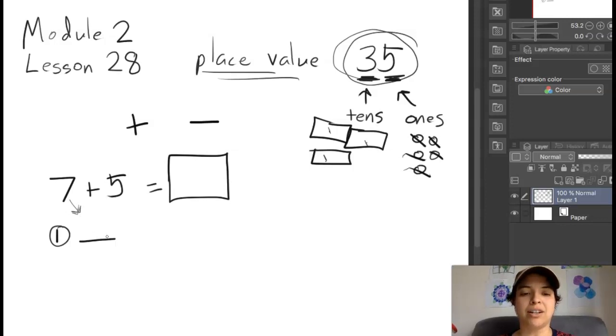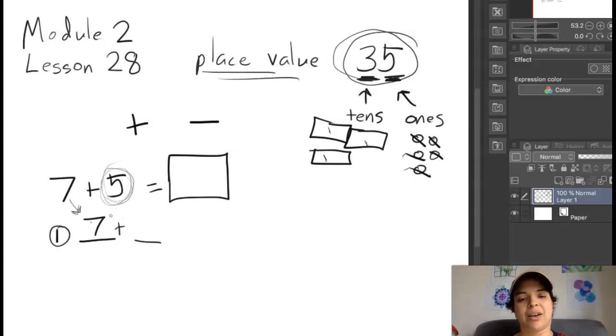So step 1 is to make a 10. So it's going to be 7 plus something. And we need to steal from this 5. Now we need to know what partner number goes with a 7 to make 10. One quick way to figure that out is to do a grab and a count on.